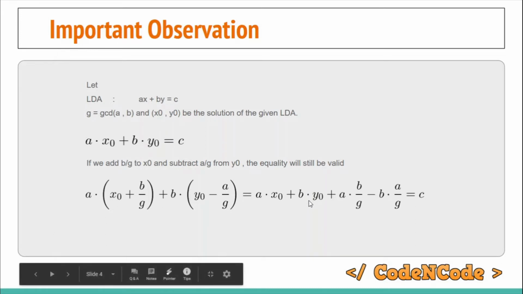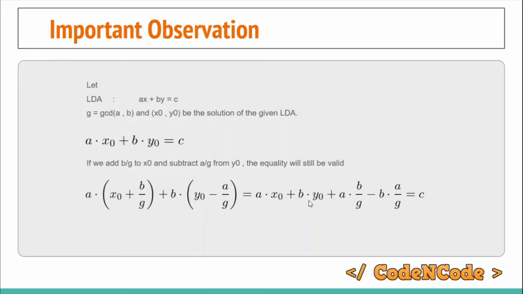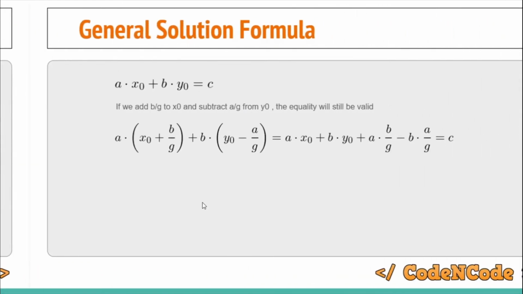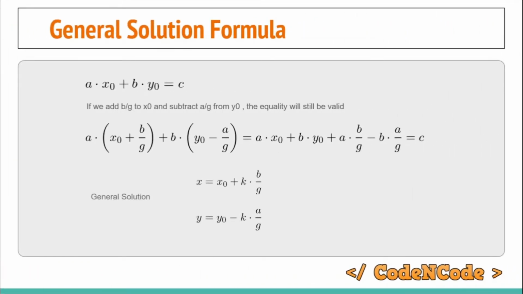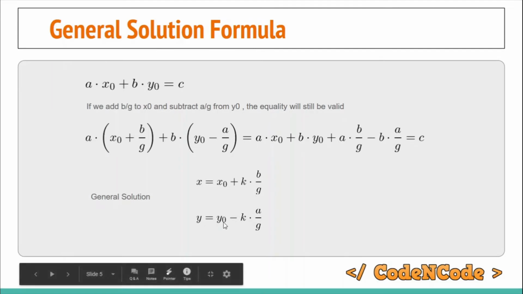So we can conclude that you can add b by g to x0 any number of times, and the same number of times you have to subtract a by g from y0. This leads us to a general solution, which is this: x is equal to x0 plus k times b by g, y is equal to y0 minus k times a by g.